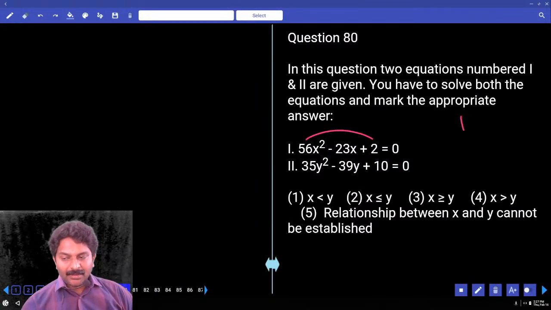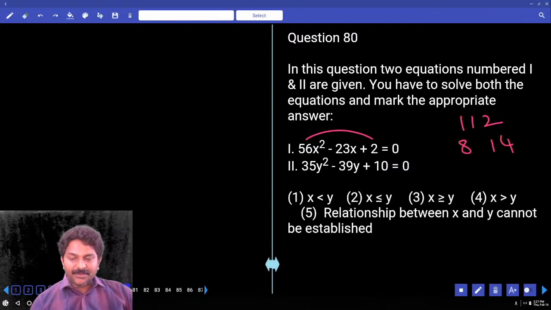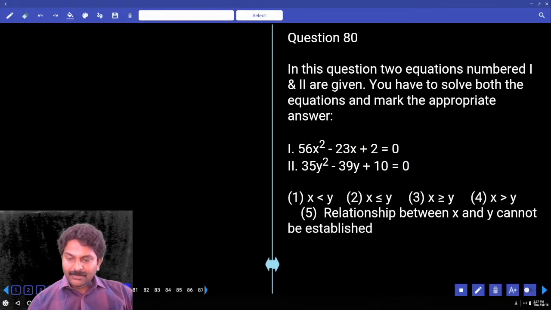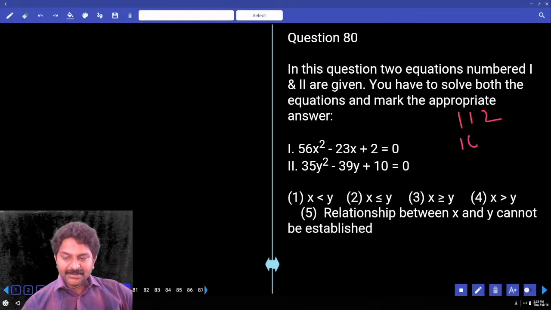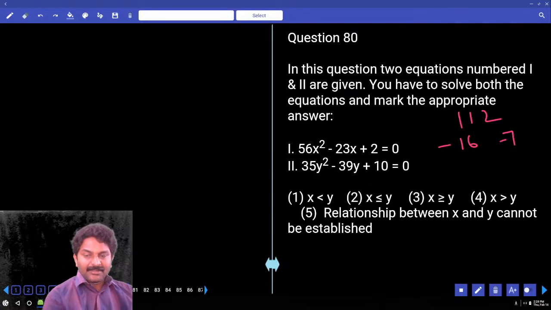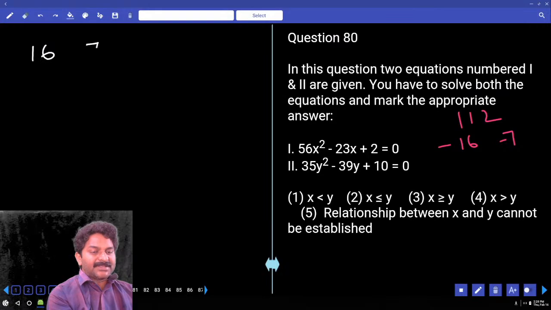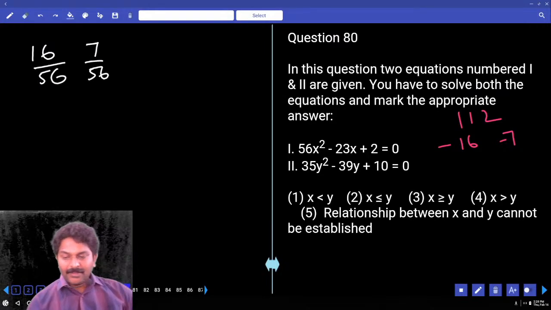1, 1, 2. 8 once and then 4 times will not work. So 1, 1, 2. 16 times 7. Minus 16 minus 7 is the combination. Factors are plus 16 plus 7 divided by 56. 350.